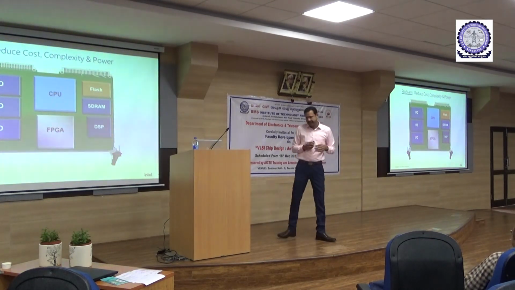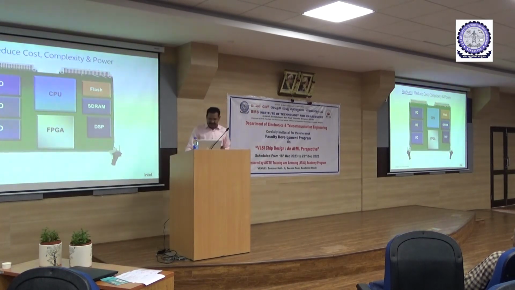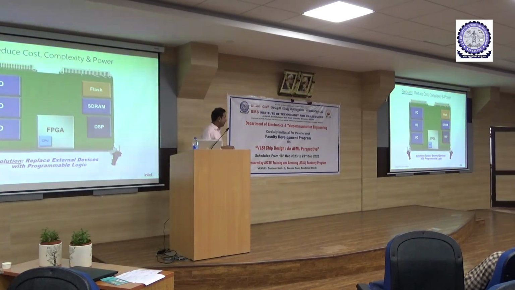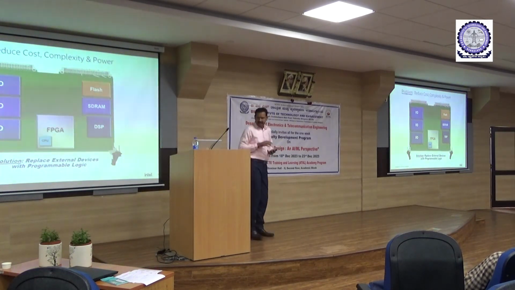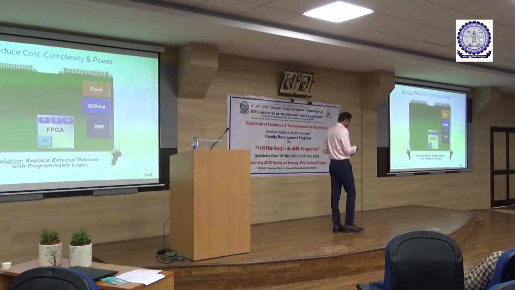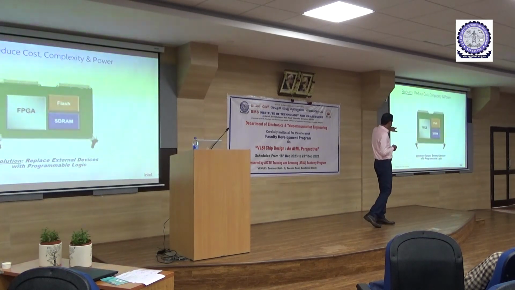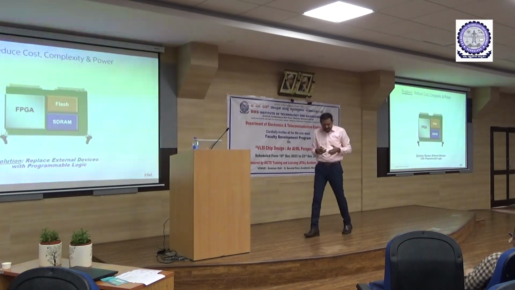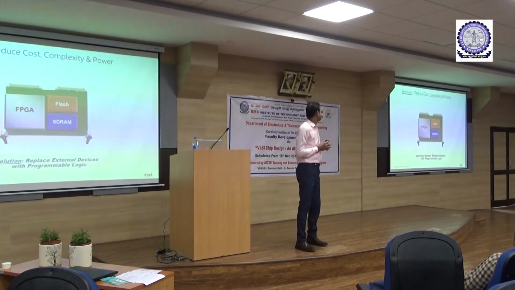Now what happened is, we don't want all three separately. So they tried to bring everything inside. Now the CPU goes inside the FPGA, and you can also see that the DSP goes inside. Now we have replaced all the external devices with the programmable logic. That's the logic.